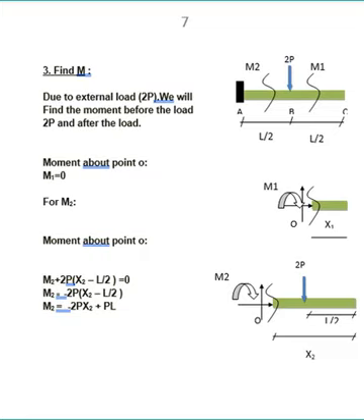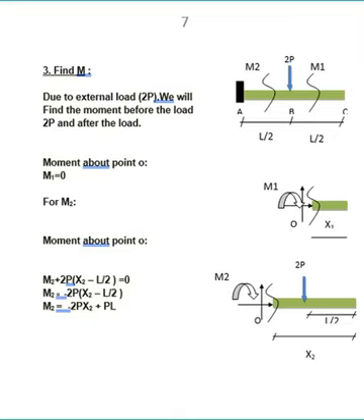Before, when we found m small, we took only 1 cut because there is a unit load at point C and the moment will be continuous along the beam length L. But here we will take 2 cuts, the first cut before the load and the second cut after the load.